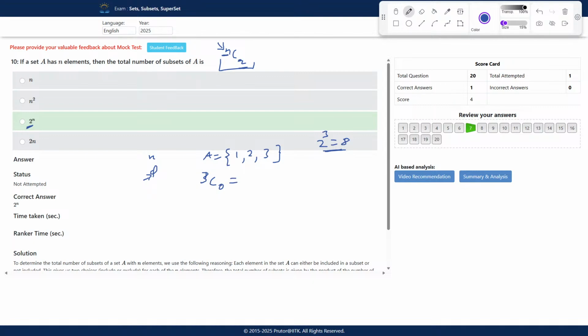By formula it is nothing but n factorial divided by r factorial times n minus r factorial. So you have to assume this as a fact here. It will be all clear how we got this expression in PNC. So this 3C0 gives you sets with no elements.